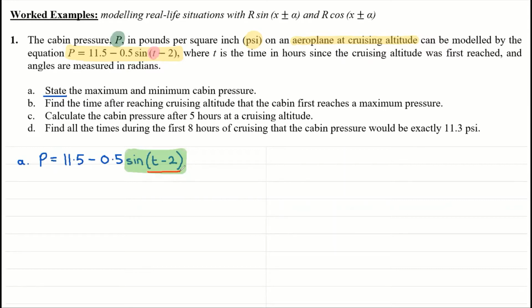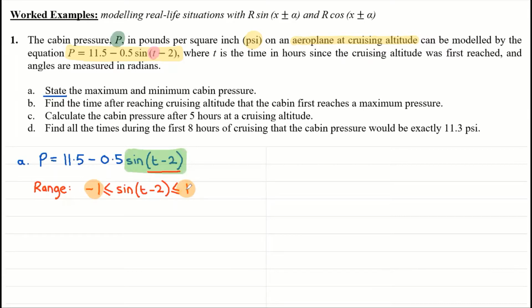So I can confidently claim that the range of, let's say, sine of t subtract 2 is just going to be this. There is no way that the sine of t subtract 2 can be anything other than values between and including -1 and 1, because that is a key property of the sine function. Okay, so those are the maxima and minima of the sine function.